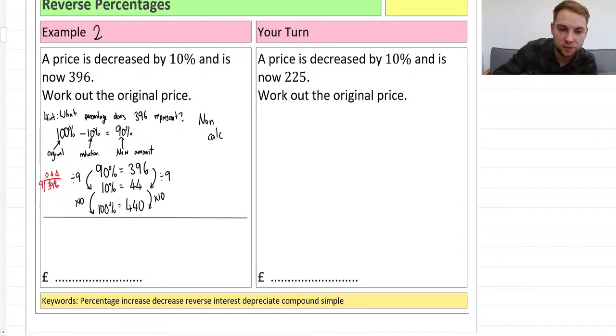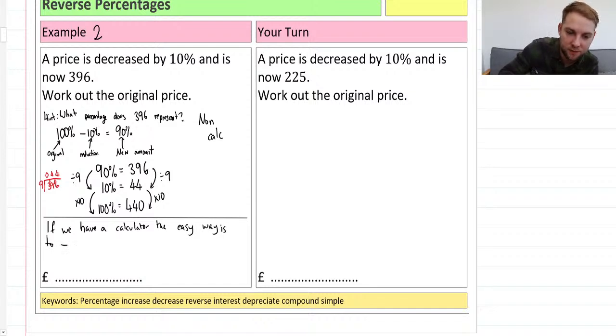If I wanted to do this using a calculator, if we have a calculator, the easiest way is to divide by our multiplier.